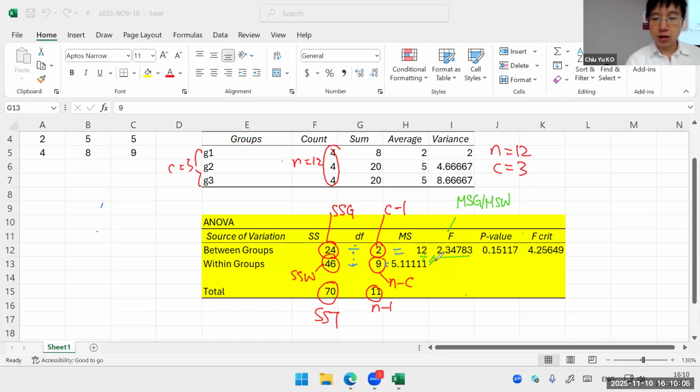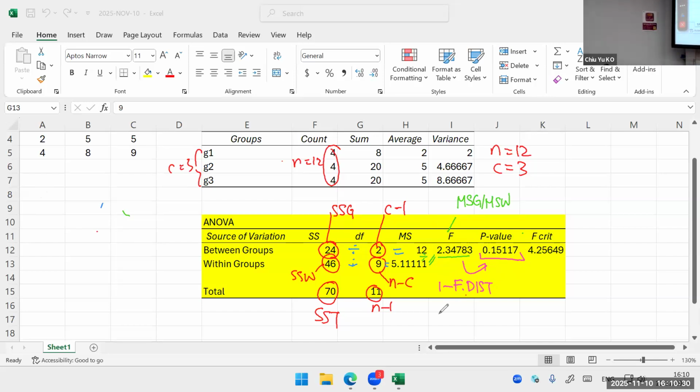And once you calculate this, how can you calculate this guy? This is simply the p-value. It will be 1 minus F, because it's a right tail test.